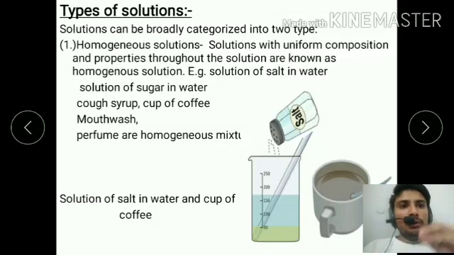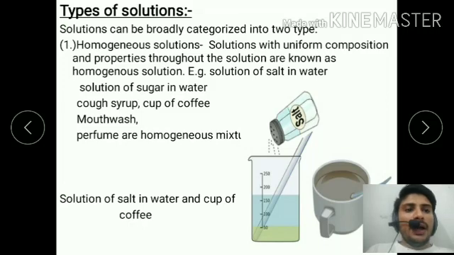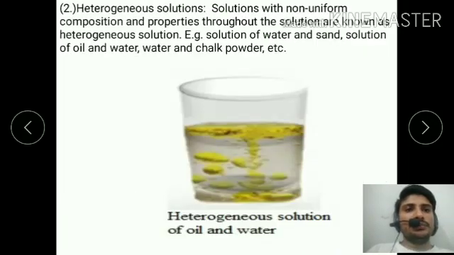Examples: salt solution, sugar solution, cough syrup, coffee, mouthwash, perfumes. These are homogeneous solutions. In this picture, salt dissolved in water forms a homogeneous solution, and this is coffee, also a homogeneous solution. Understood? Move to the next slide.